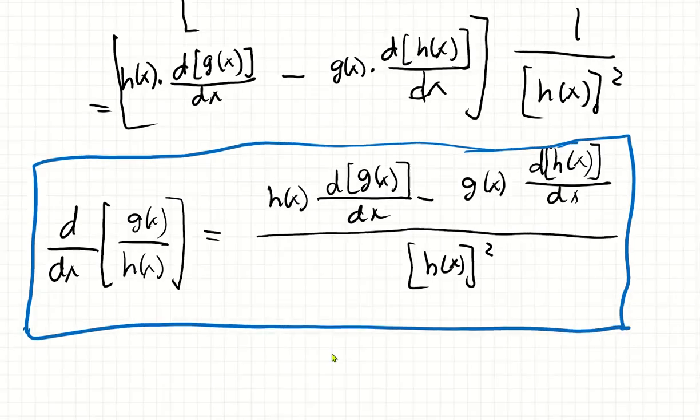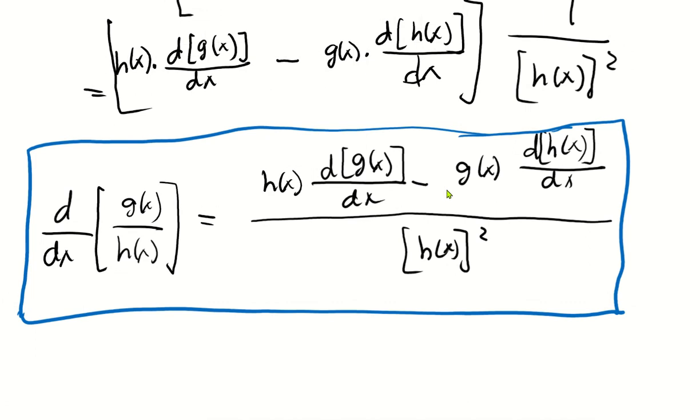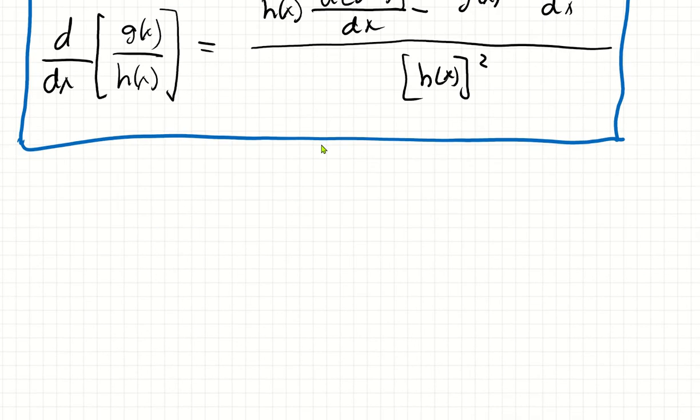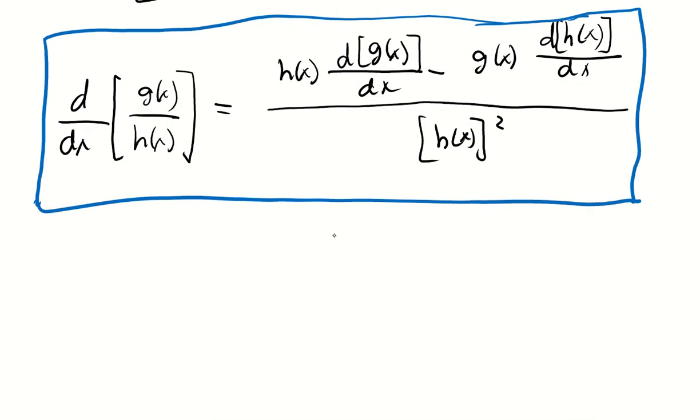Take note of this, it's minus, so you cannot interchange them. Your h of x is the function at the denominator, so it should be the first term. In other books, again, they use u and v.